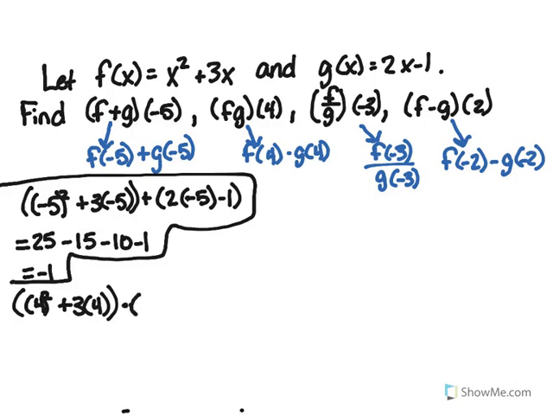We're going to have 2 times 4 minus 1. Now, these are two quantities multiplied by each other, so we're going to have to use the distributive property, but don't use it quite yet. We're going to have 4 squared, which is 16, plus 3 times 4, which is 12. Then we have 2 times 4, which is 8, and we have minus 1.